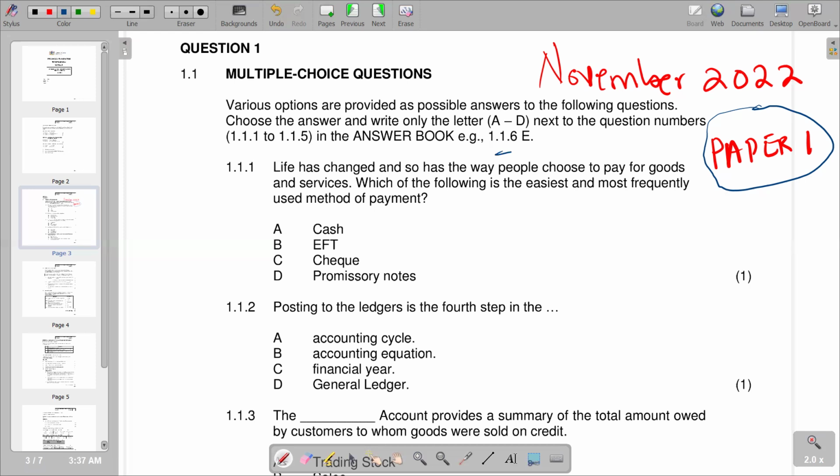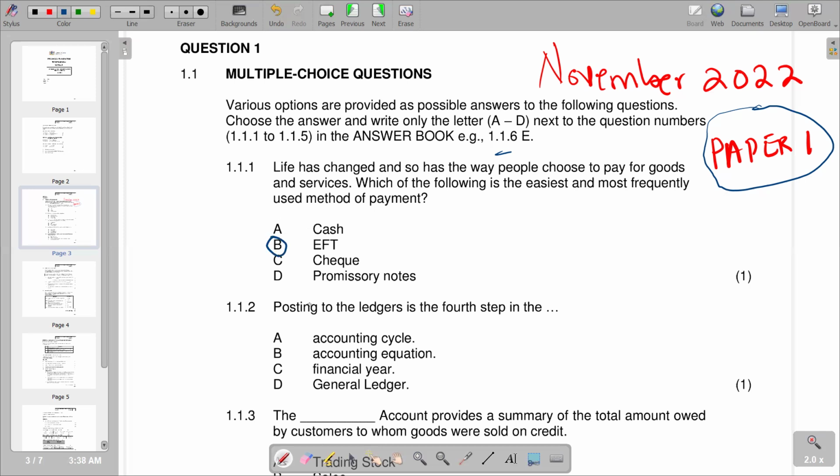So the modern way that is being implemented nowadays is the EFT, which is the electronic funds transfer. Remember also, the cheque has since gone out of date according to the recent transactions that are taking place. So obviously, we pick B as the correct answer, that is the EFT.